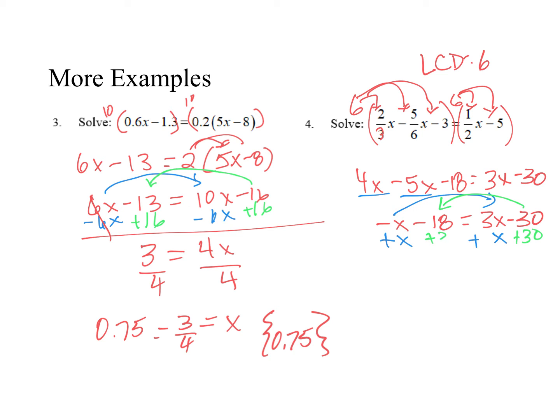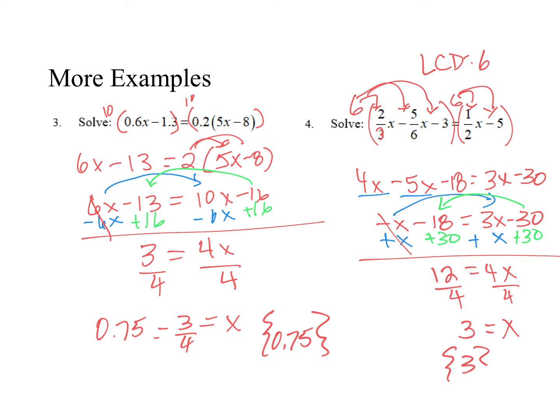And I'm going to add 30 to both sides. And that gives me 12 equals 4x. And then when I divide by 4, x equals 3. So my solution in set notation is simply 3.